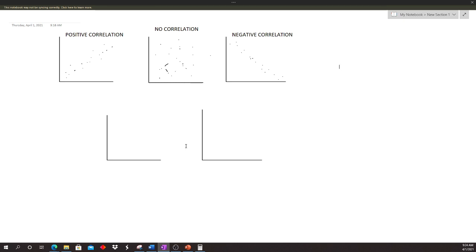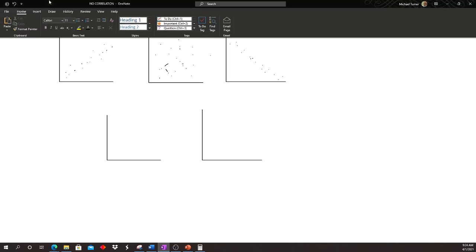Then, from there, we want to assign some quantitative value to represent how strong the correlation is, if at all. And what we call this is a correlation coefficient. Now, there is a way to calculate the correlation coefficient, which you'll do if you take statistics your senior year or in college.